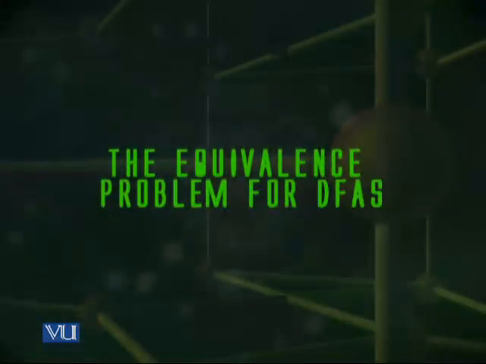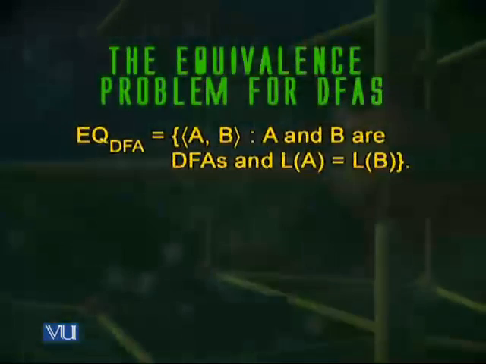This is called the equivalence problem for DFAs. In this language, you're given two DFAs, and the question being asked is whether both these DFAs accept exactly the same language. Let us look at this problem a bit more formally.